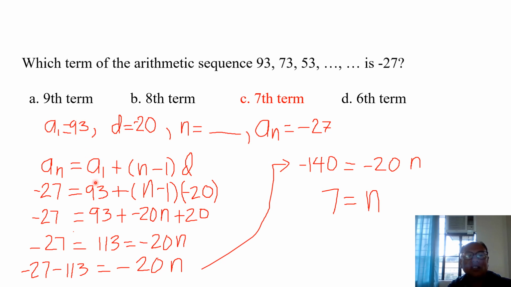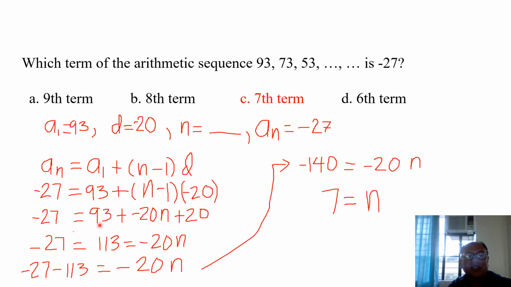And we are looking for n, so we simply write n minus 1. And the common difference is negative 20. How did we get that? Simply subtract 53 minus 73, so we get the same answer, that is negative 20.